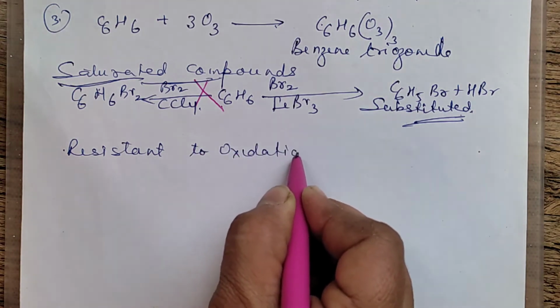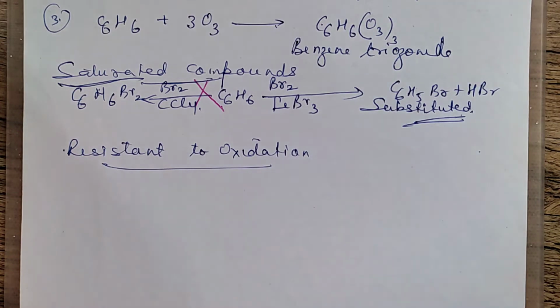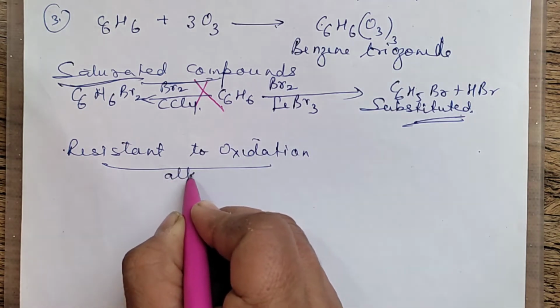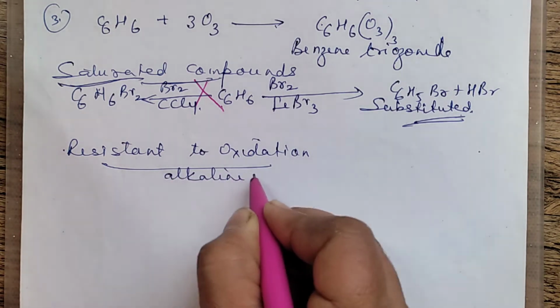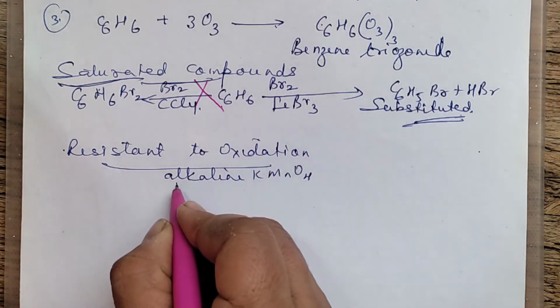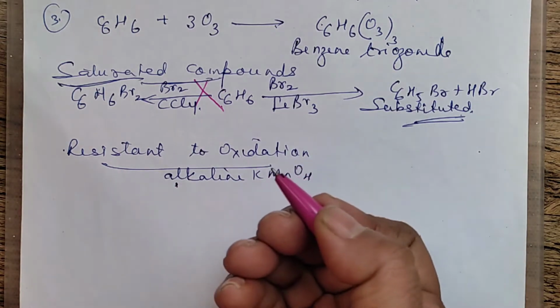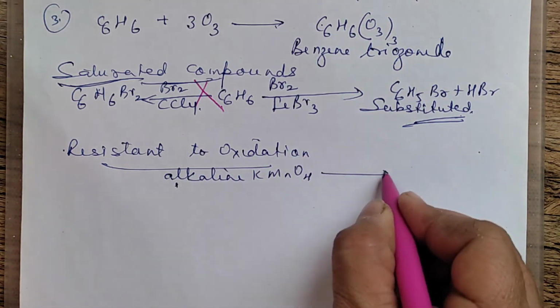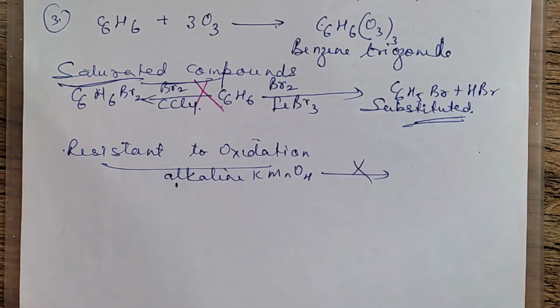Like in alkenes, we have done the reaction, it undergoes reaction with alkaline KMnO4. Benzene cannot react with alkaline KMnO4 or potassium dichromate. Any oxidizing agent, if you react with benzene, it will not undergo any kind of oxidation. It's resistant to oxidation like saturated hydrocarbons.